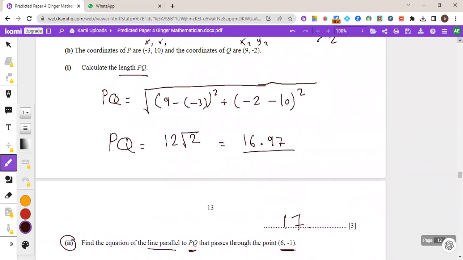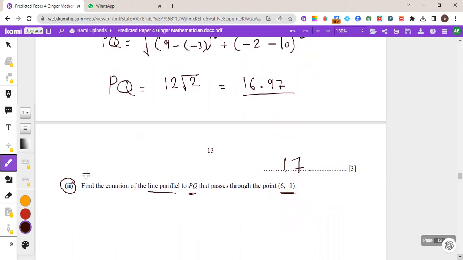The gradient is y2 minus y1 over x2 minus x1, which is minus 12 over 12, equals minus 1.